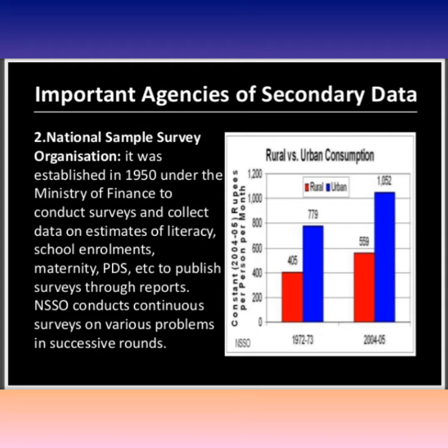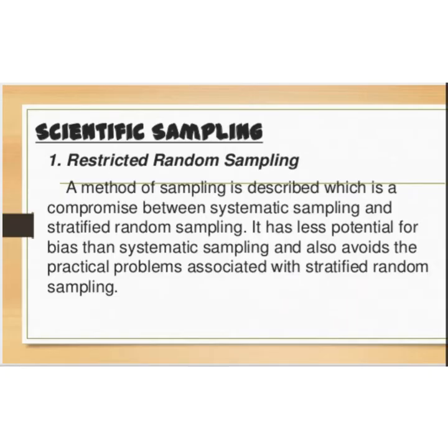Next, we will discuss the other type of random sampling, that is restricted random sampling. This is a method of sampling which is a compromise between systematic sampling and stratified random sampling.